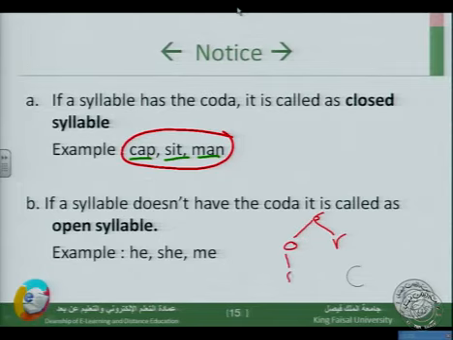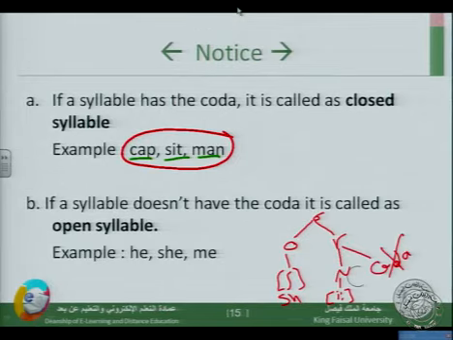The onset here is she, or sh, and the rhyme branches only to one, only to the nucleus, which is the E. We don't have anything called a coda in all of these words. We don't have a coda for these three examples. Okay, so it's called open syllable. What is it called? Open syllable. I hope that you can do she and me as well.